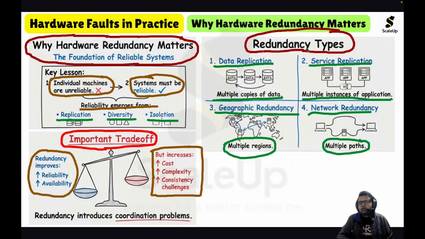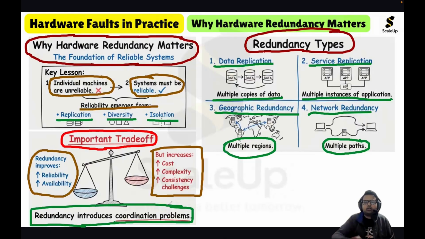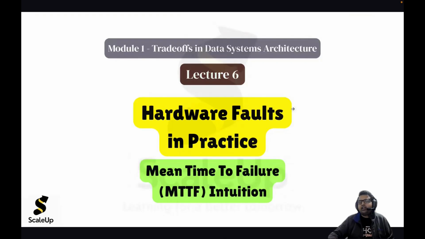Redundancy introduces coordination problems. So redundancy comes with a cost, like the price will increase, complexity cost is there, consistency challenges, and coordination problems are there. Mean time to failure intuition.